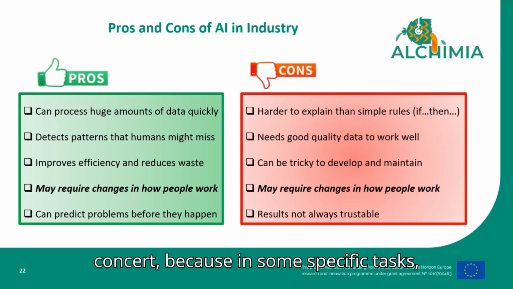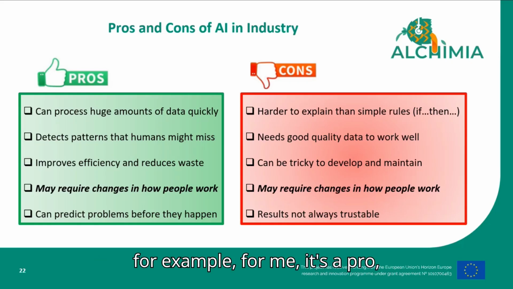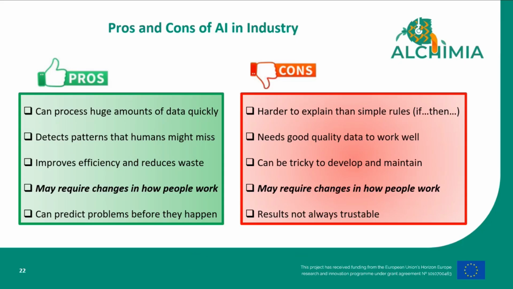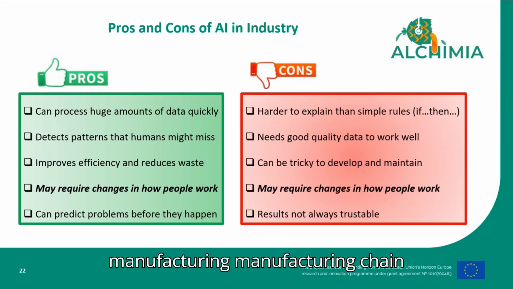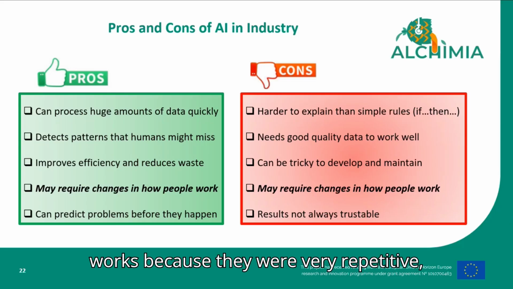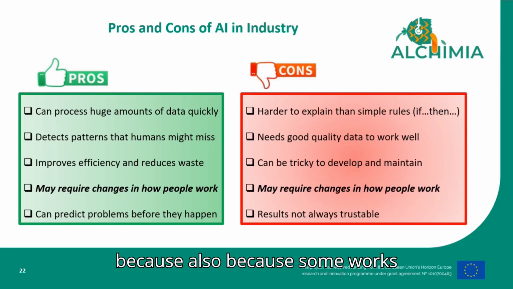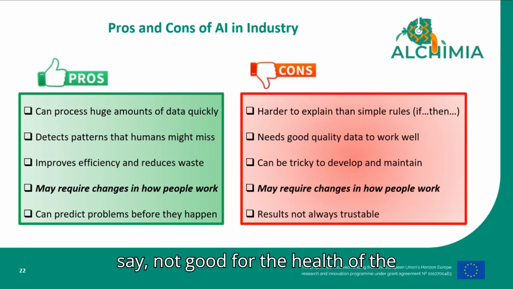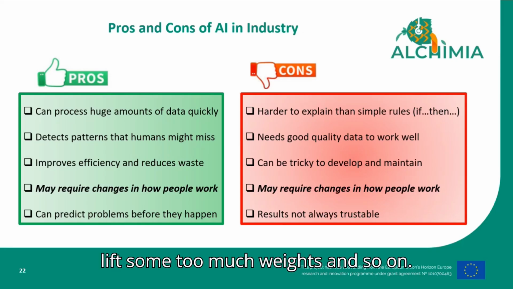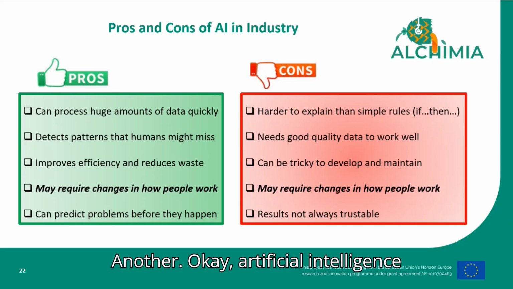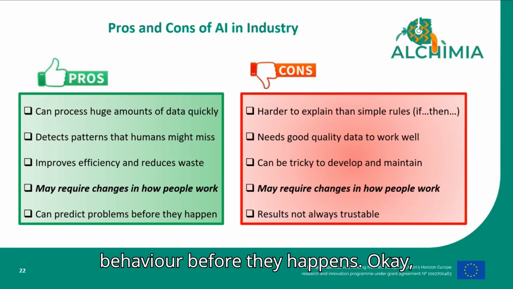As a con, because in some specific tasks, well, for me it's a pro, but think of the people that work in the manufacturing chain, where robots replace some work because it was very repetitive, or not good for the health of the operators, because they had to lift too much weight and so on. Another pro: artificial intelligence can predict some problems or behavior before they happen.